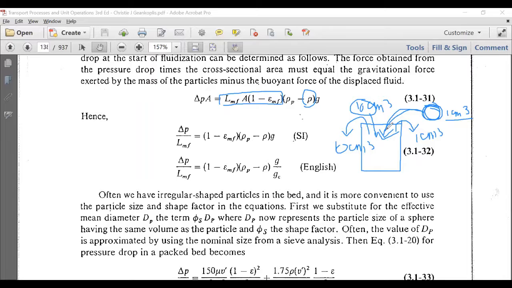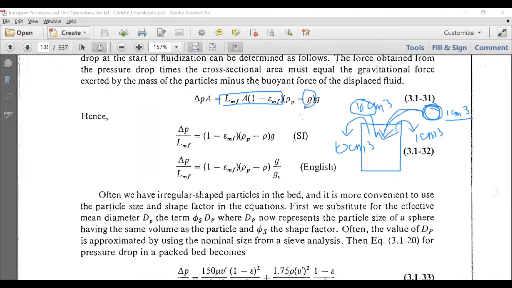Okay, so I repeat again. When you put in a rock with a volume of 1 cubic centimeter, the water coming out is also 1 cubic centimeter. But since the density of the rock and the water is not the same, I cannot say that the mass of the water is equal to the mass of the rock.